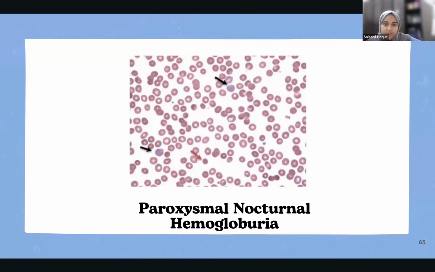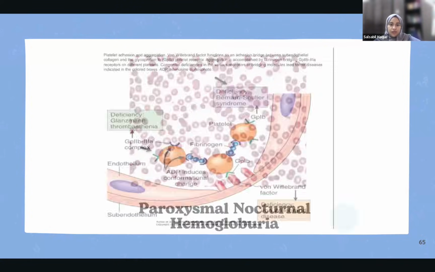Basically, it's a cell anchor, and this causes absence of CD55 and CD59. Very important to know, CD55 and 59, and this is seen in PNH, and they cause the triad that I mentioned. And these are the peripheral blood smear findings. That's basically all you need to know. Remember the pathophysiology very well. I brought this because sometimes it comes in SAQs.